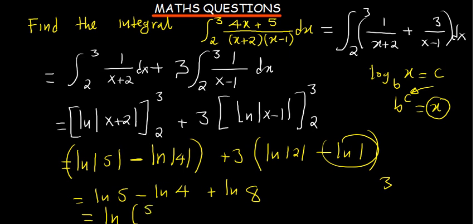The 4 is subtracting, so it's going to be in the denominator. And then times, since the 8 is adding, it is going to be on top. We know 4 can go into 8, that is 2 times, isn't it? So we're going to have just 5 times 2. So the answer is going to be natural log of 10. That is going to be the answer then for this one.